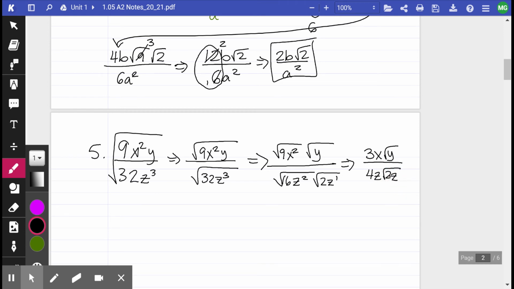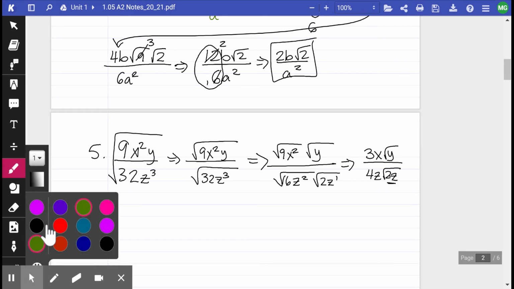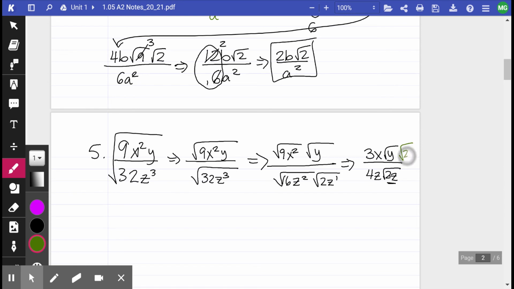Now the problem is that I have this rad 2z in the denominator, and I'm not allowed to have radicals in the denominator. So I'm going to multiply both the top and the bottom by radical 2z. And that should give us in the numerator 3x times the square root of 2yz.